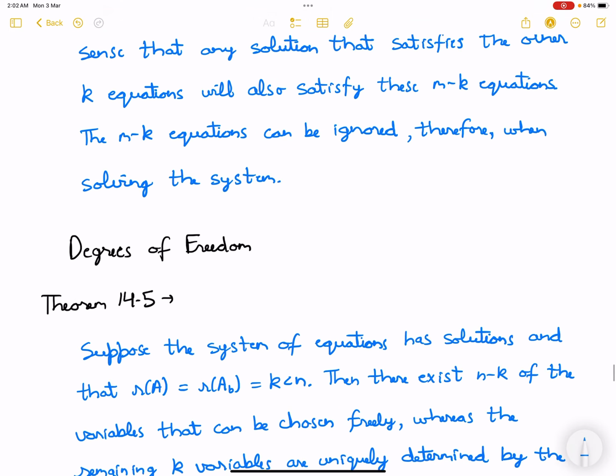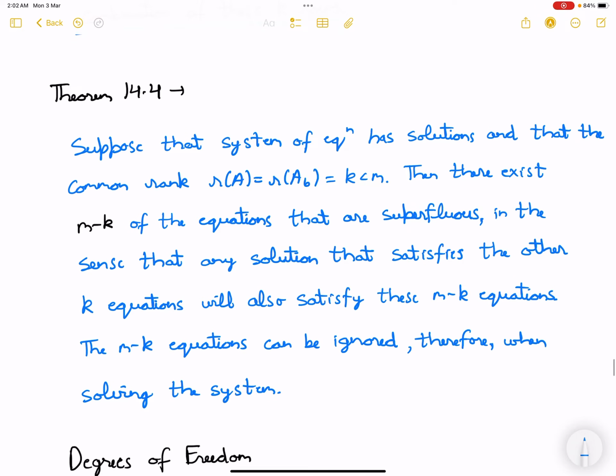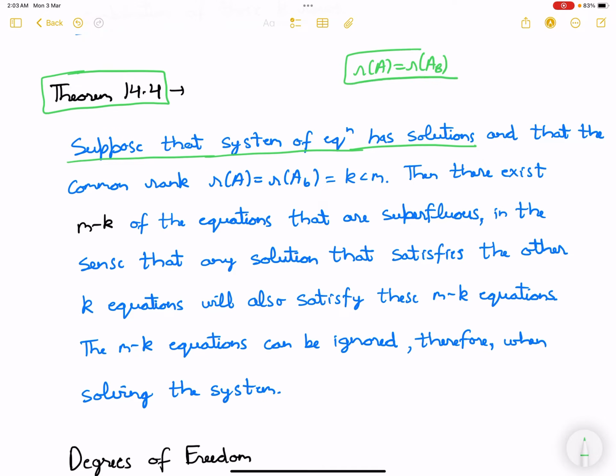See, okay, we'll do some questions related to it as well. So first let's do the theorems. Now coming to theorem 14.4. Suppose that system of equation has solutions. So it has solution when rank of A equals to rank of A augmented B, and that the common rank equals to k is less than m.